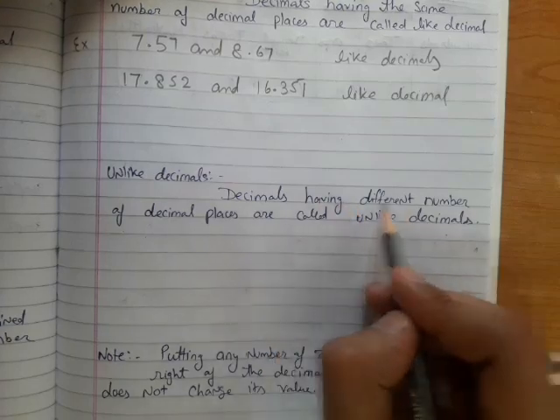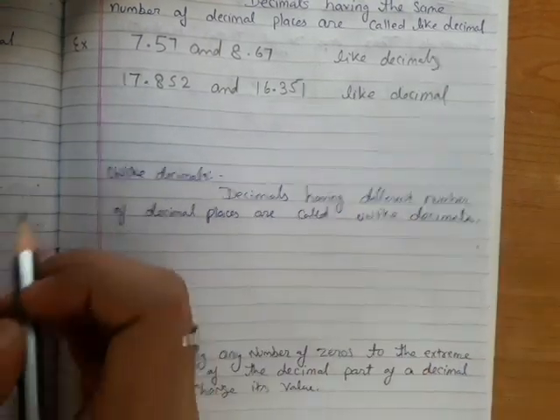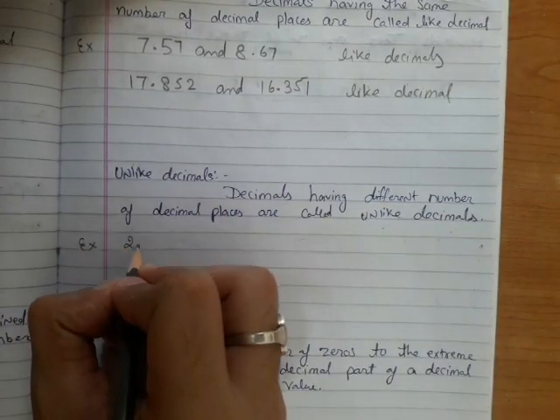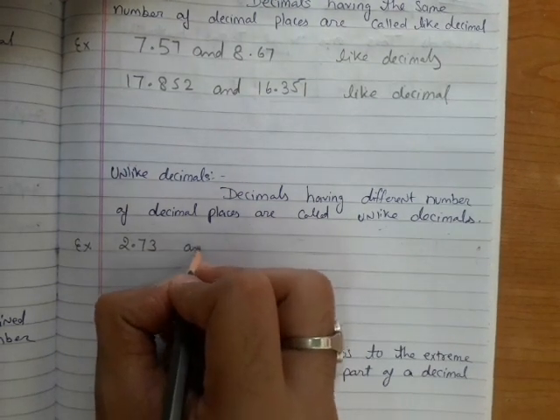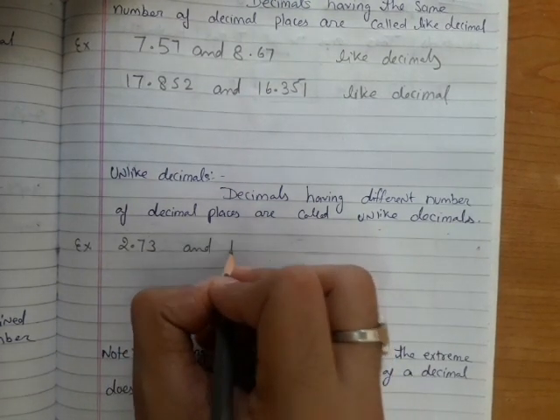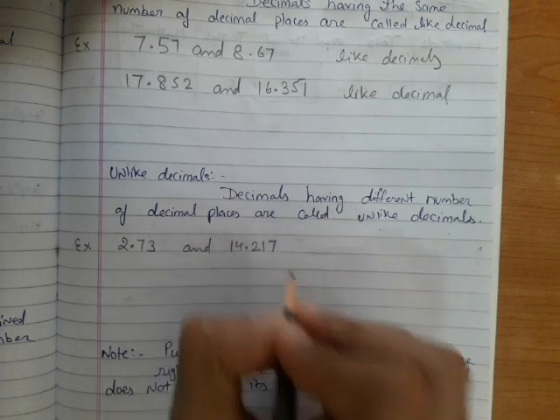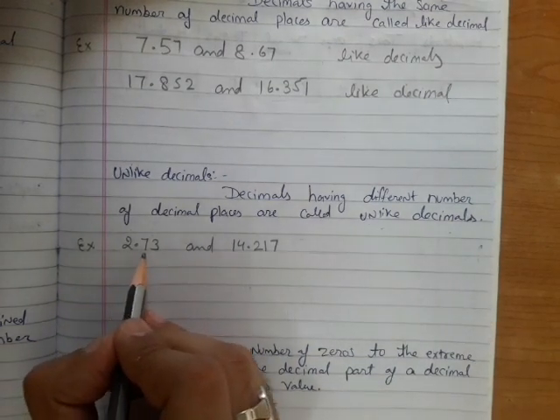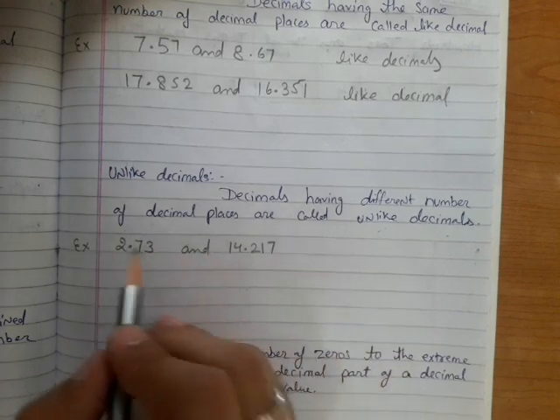The next point is unlike decimals. Decimals having a different number of decimal places are called unlike decimals. For example, suppose I write 2.73 and the second number is 14.217. Here there are 2 decimal places, and there are 3 decimal places.